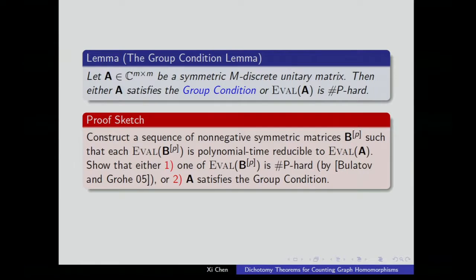If we can do that, this polynomial time reduction would also tell us that the problem defined by A is Schaeffers. On the other hand, if every matrix B bracket P satisfies the criterion of Bulatov and Grohe, we're going to use this as a really strong property to show that A satisfies the group condition.